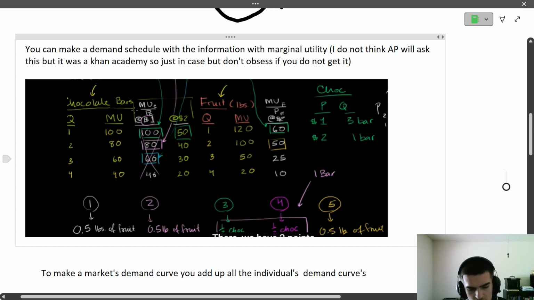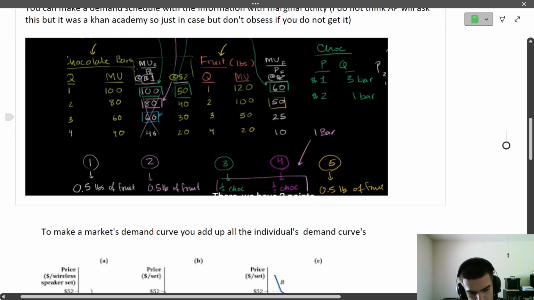You can see at $1 they'll buy 3 bars of chocolate because they get more utility than from fruit whenever it was $1. But whenever you raise the price, then fruit becomes more desirable because people get more utility out of it. So you can see the quantity demanded drop down from 3 to 1.